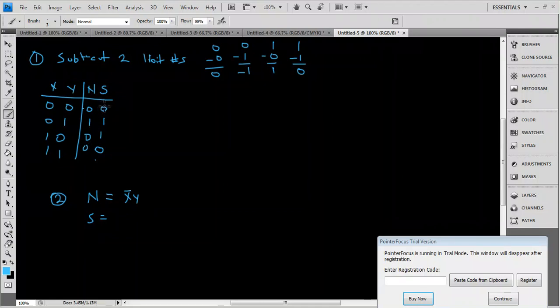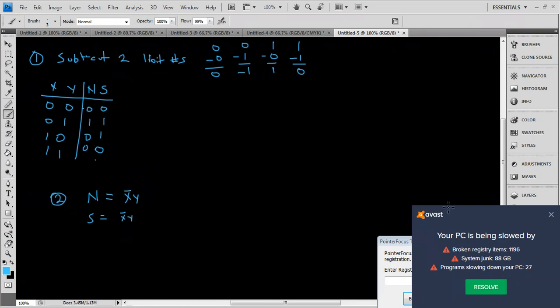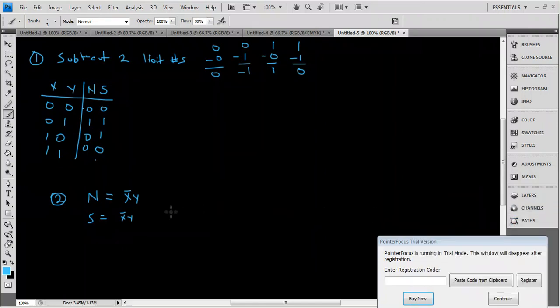Let's come up to S. S is equal to, in other words, I want S to be 1, not here, but here, so we have the same thing. Or, remember, the plus sign means or. That means we can have a 1 in more than one scenario.